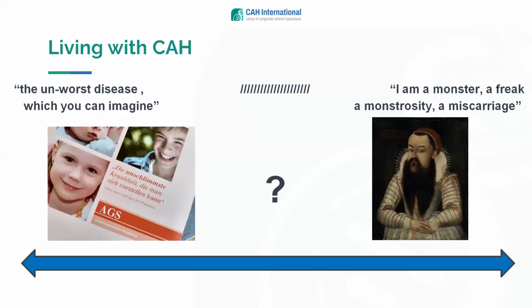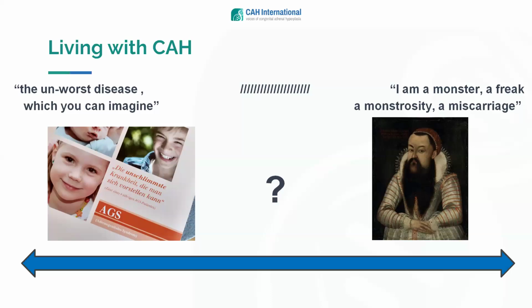This is a quote by a child, of course, but we also have adults who say, okay, living with CAH, I take my pills and that's it. As you can imagine, it's mainly males who say this, because for lots of male CAH patients, CAH is not complicated at all.